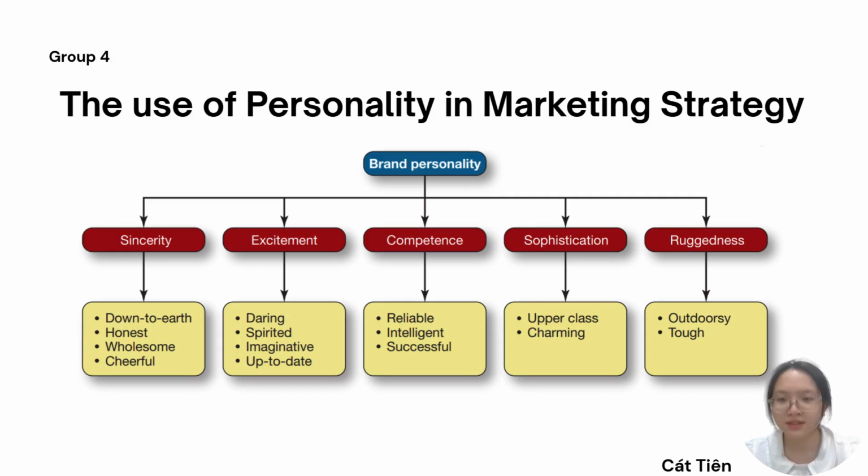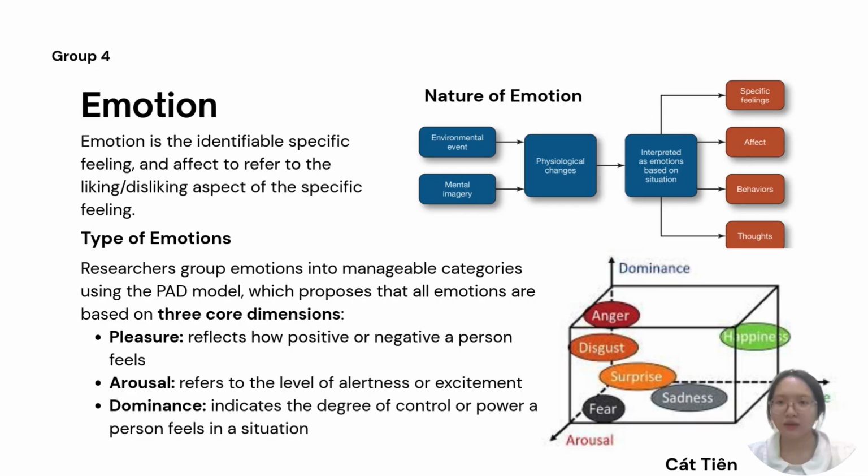By aligning brand personality with consumers' own personalities, marketers can create stronger emotional connections, improve brand fit, and increase brand preference and loyalty. So the last one we have is emotion. Emotion refers to a specific identifiable feeling, while affect describes the liking or disliking aspect of that feeling.